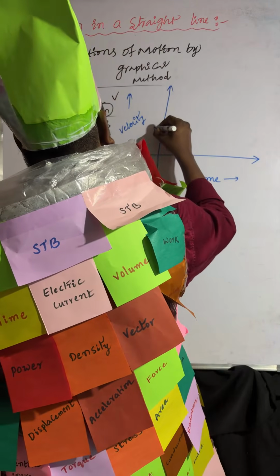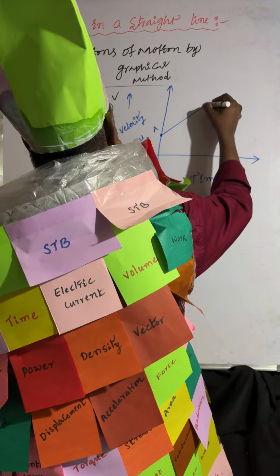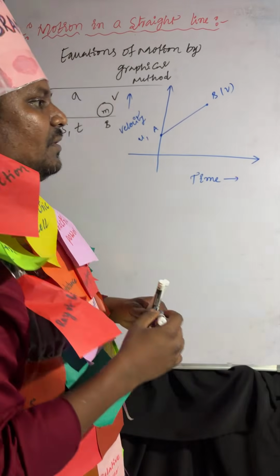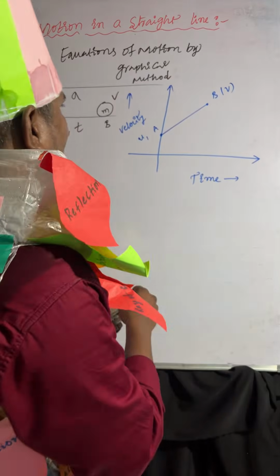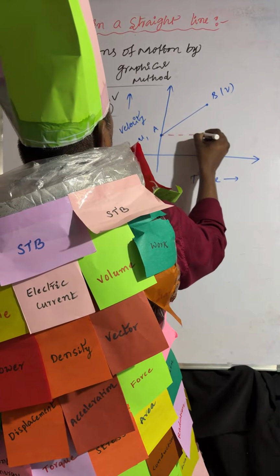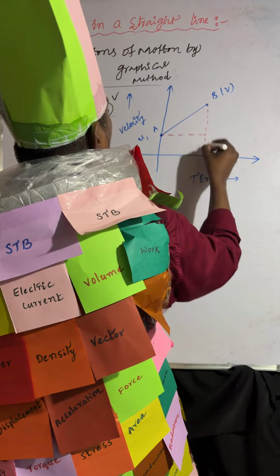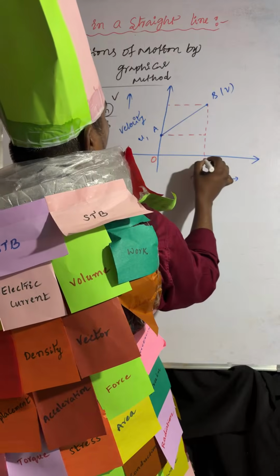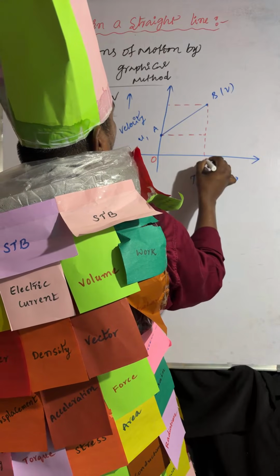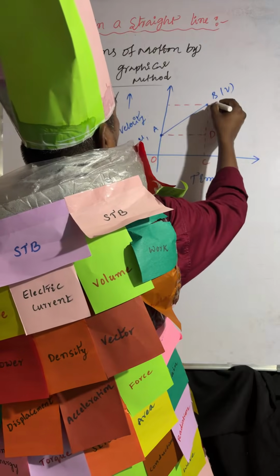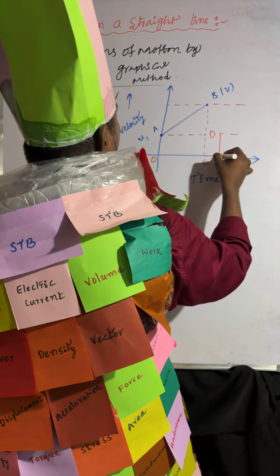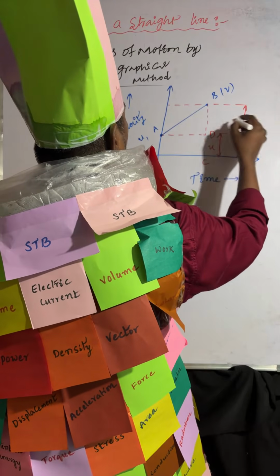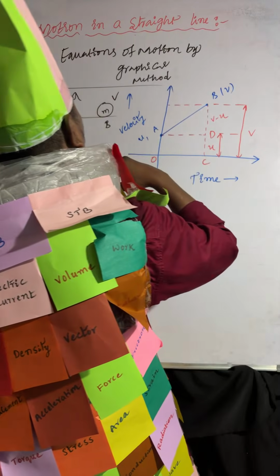So this object at A with initial velocity U reaches position B with the final velocity V. Then you can take the points here and here, O, C, D. This is the initial velocity U and this is the final velocity V. This is the change in velocity.